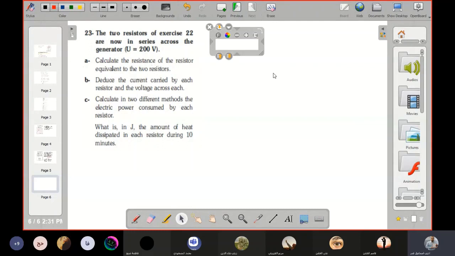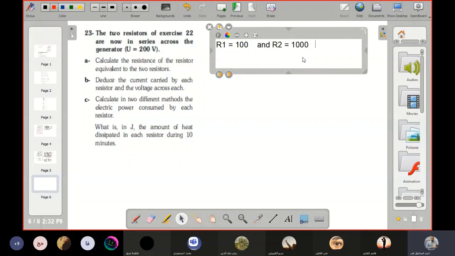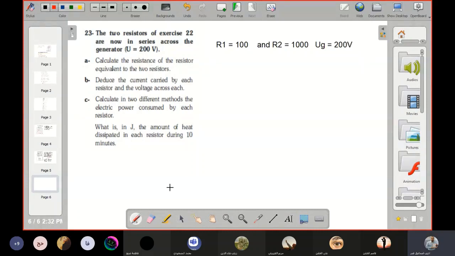So R1 equals 100 ohms, R2 equals 1000 ohms, and the generator voltage is 200 volts.